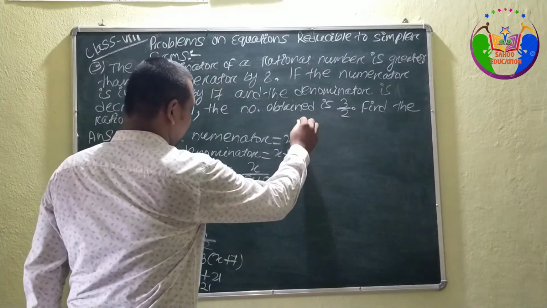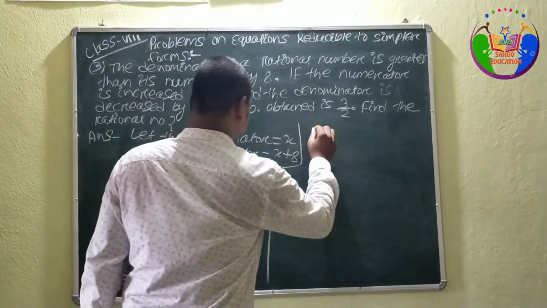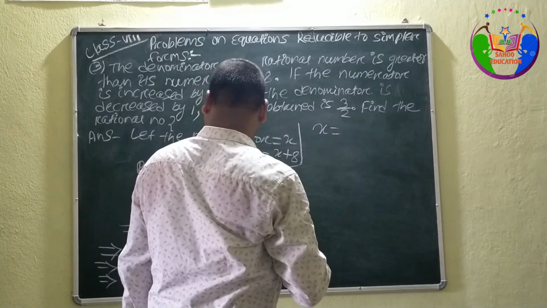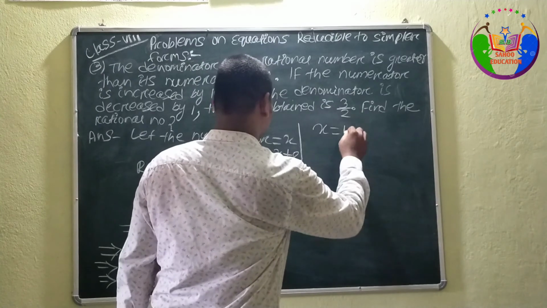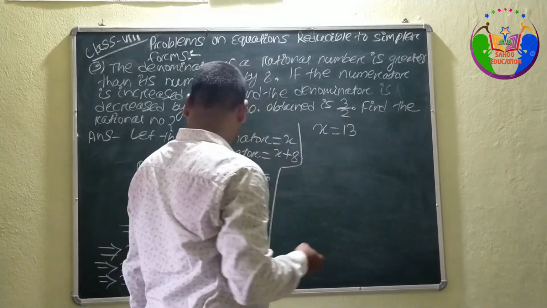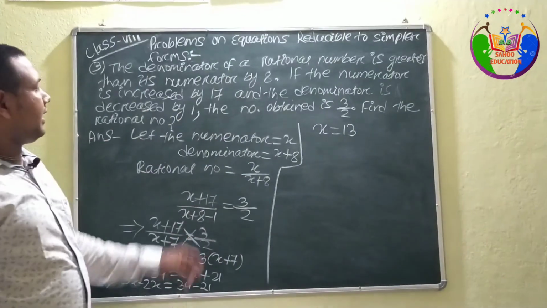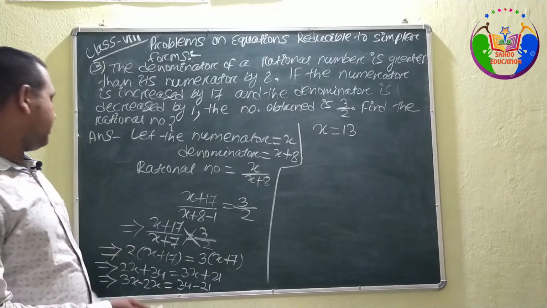So we'll write down here x equal to 34 minus 21, that is 13. So x is 13 and it's given, find out then the rational number.